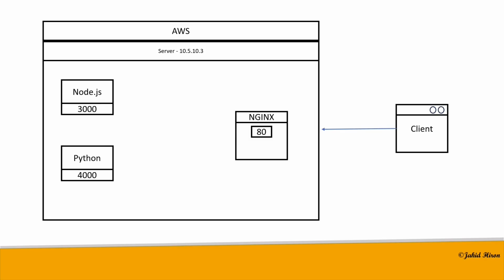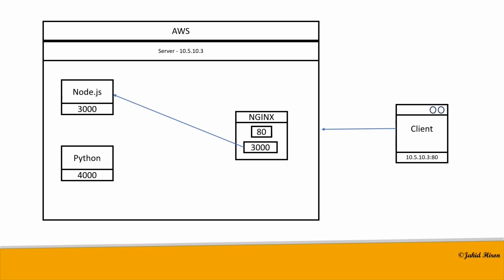Let's go back to our previous scenario. A client sent a request to 10.5.10.3 port 80. Nginx will receive that request because it is running on port 80. We then configure Nginx to forward the request to port 3000. This means when a request comes to Nginx, it will be forwarded to the Node.js project running on port 3000.